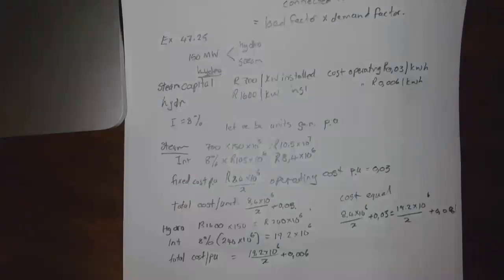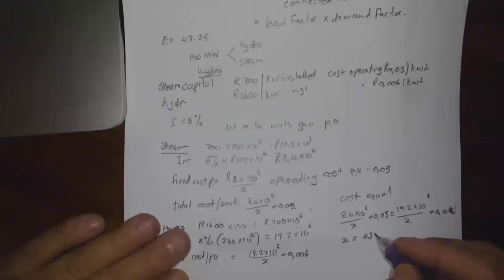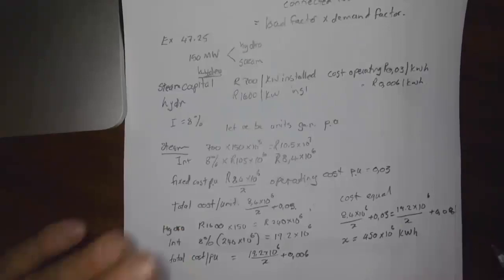And then if we solve for x, we get that it is 450 times 10 to the power of 6 kilowatt hours.